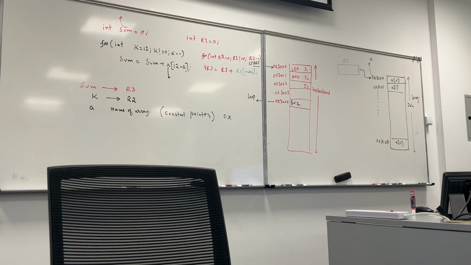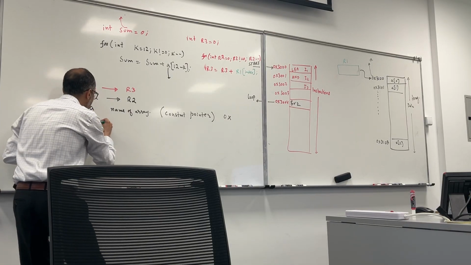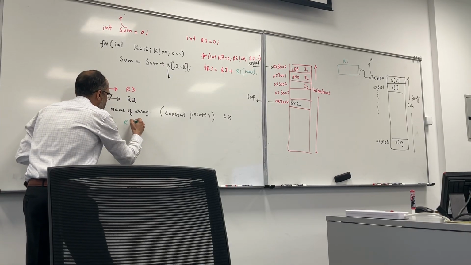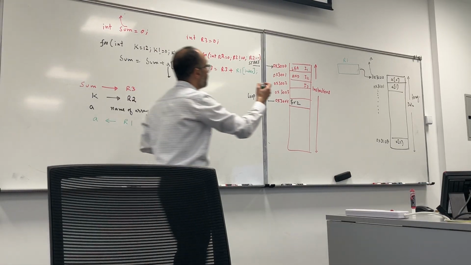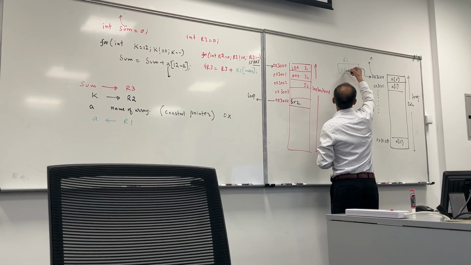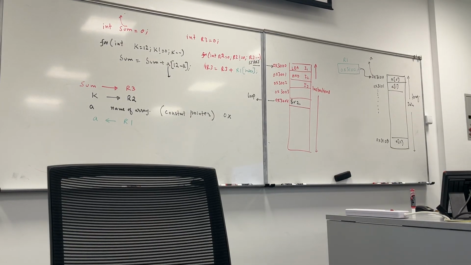The address. A is the name of the array, so it should be mapped to R1, and the initial value of R1 should be 0x3100. Clear or not clear?